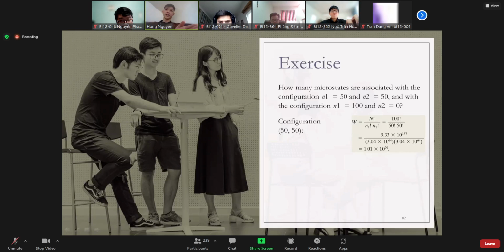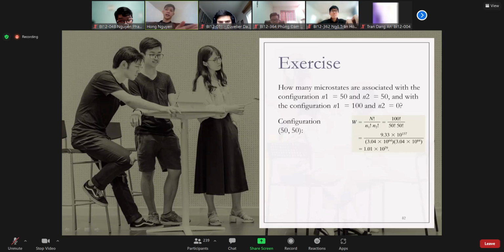So the number of microstates is this one. But for the configuration of 100 0, so 100% of the molecules are found in one half, the multiplicity is only 1. So you see the difference. This is 10 power 29 times bigger than this.